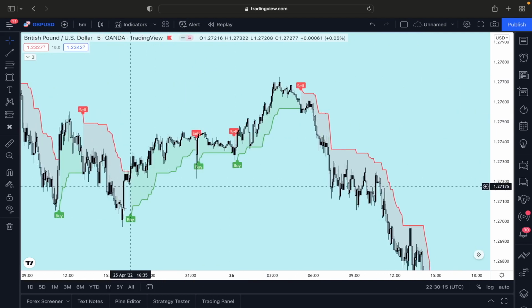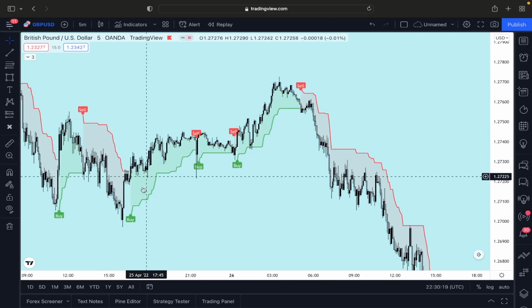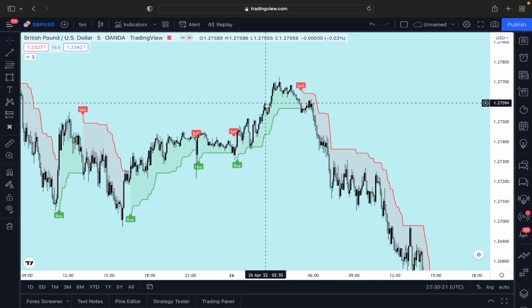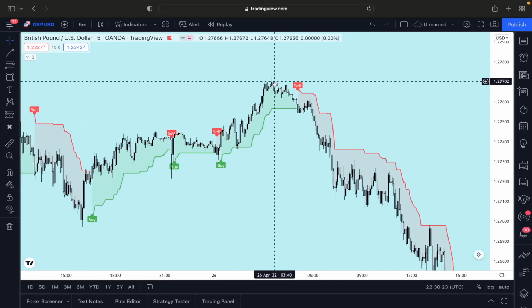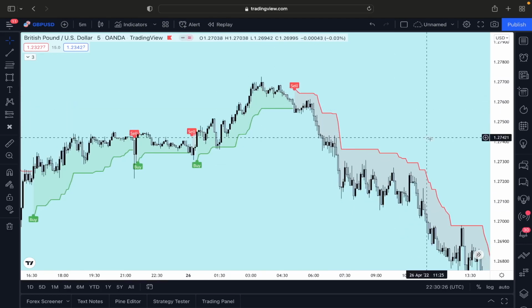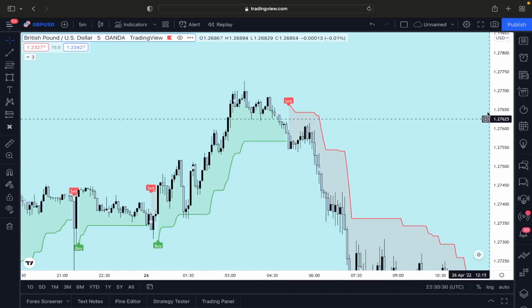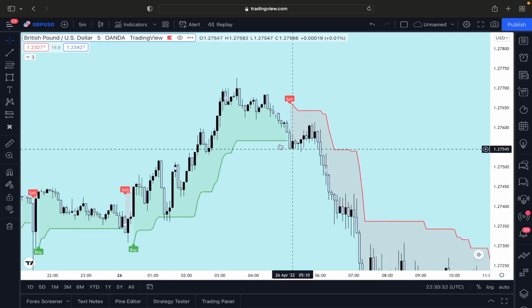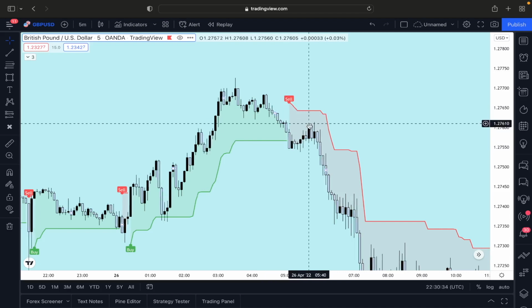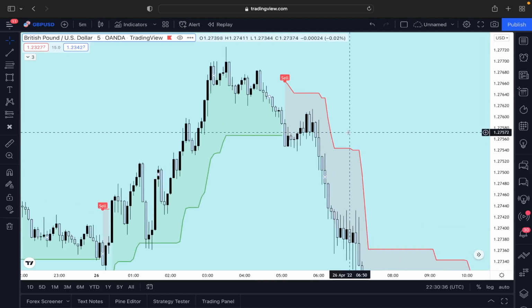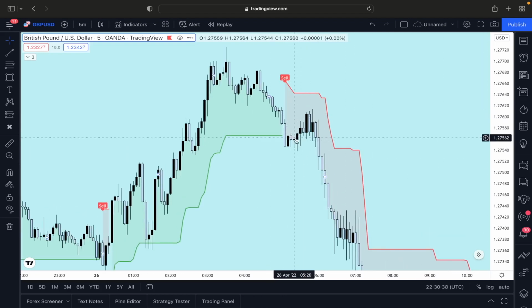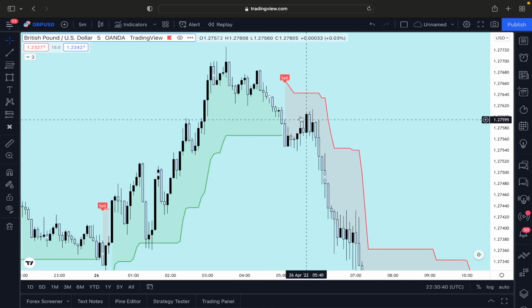Okay, so we know that overall we're bearish in the market on the 4 hour. So we know that these green bars are just pullbacks, and we want to wait for the signal to sell. So right here we get the signal to sell, and we want to wait for a nice engulfing candle.